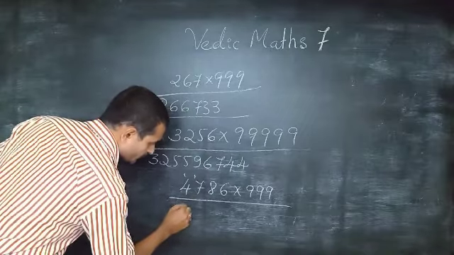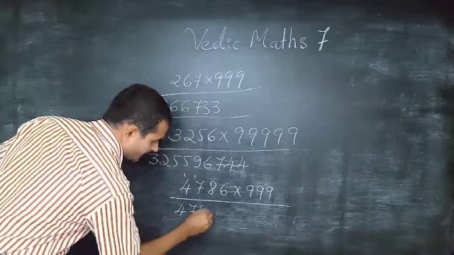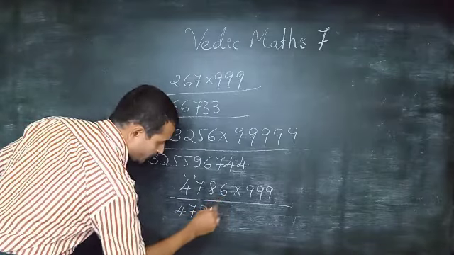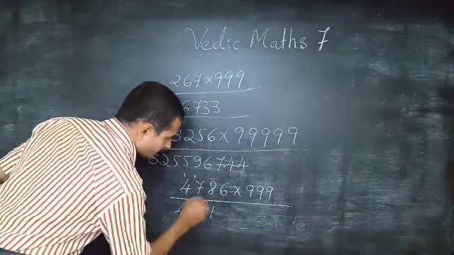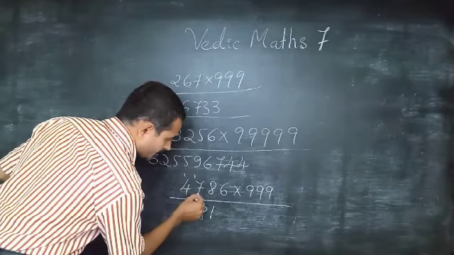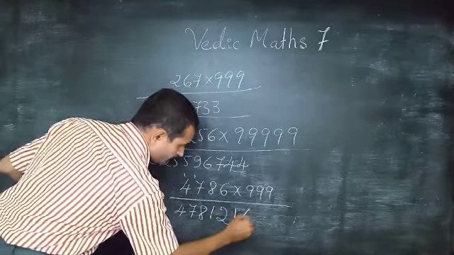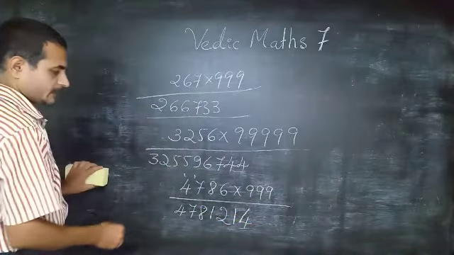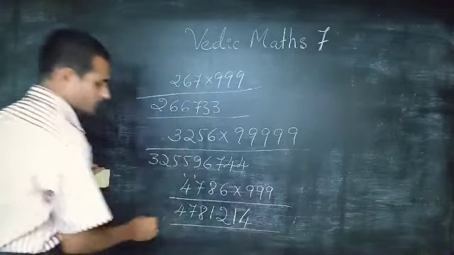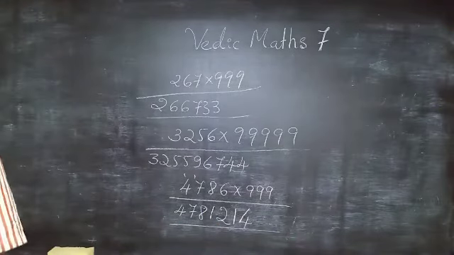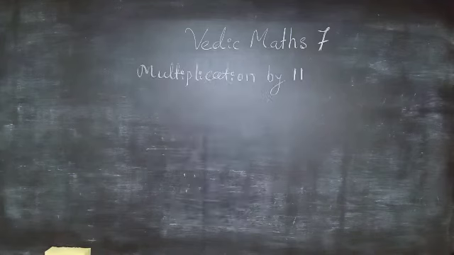So 4785, and then leaving that extra digit, 9 complement, last from 10 complement. This is the answer without actual multiplication. This is what we have already learnt in the previous class, right?